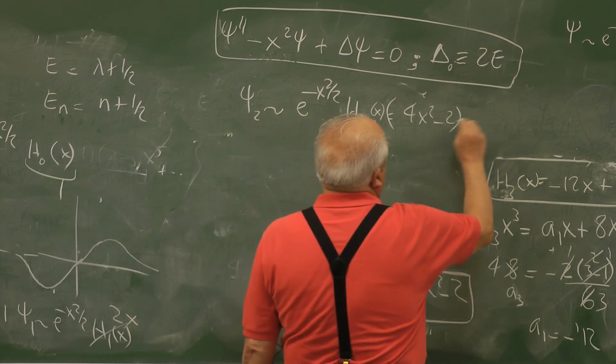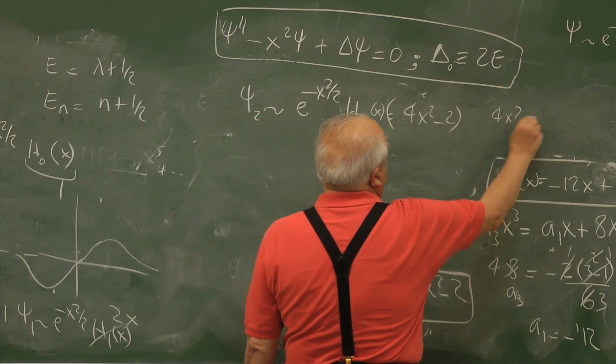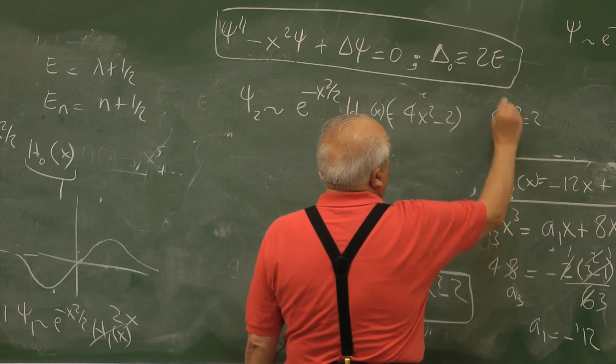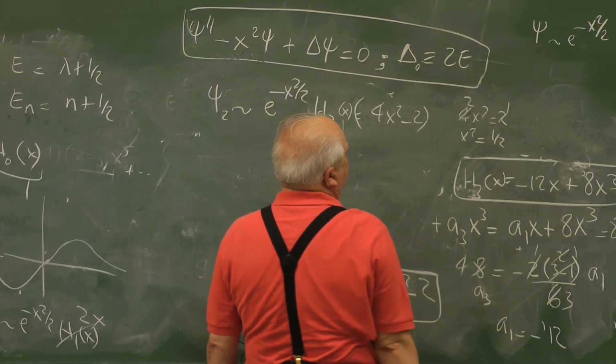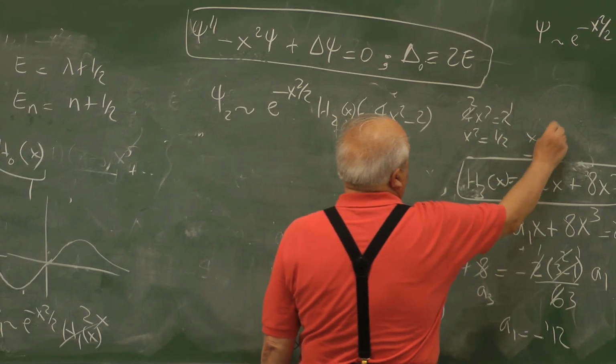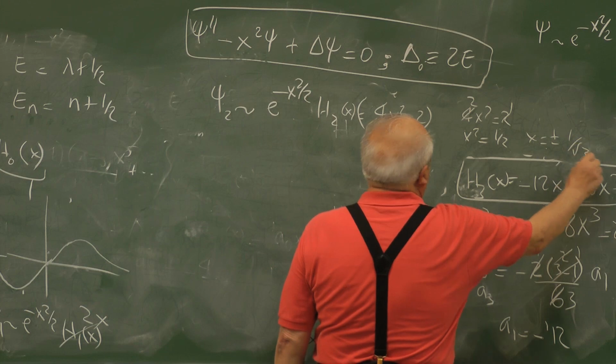So it has zeros. 4x squared is equal to 2, so x squared is equal to 1/2, x equals plus or minus 1 over root 2.